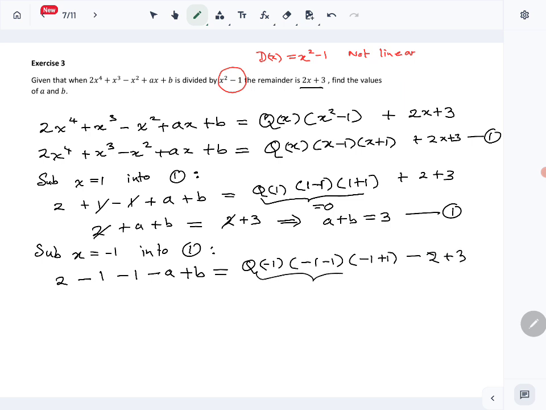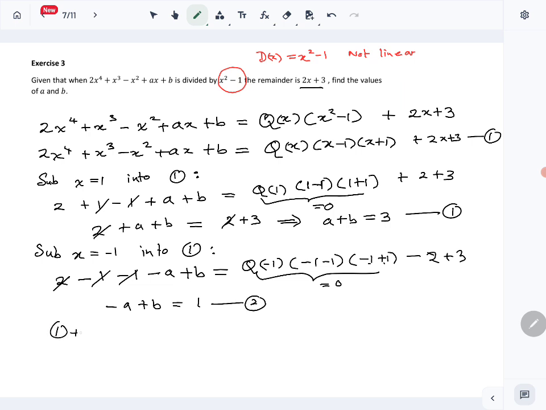Right, what happens here? Because minus 1 plus 1 becomes 0, this is equal to 0. And now simplify. This one will cancel, you get minus a plus b, minus 2 plus 3 is what? Plus 1. So second equation. Now solve them simultaneously and we have the answer for a and b.